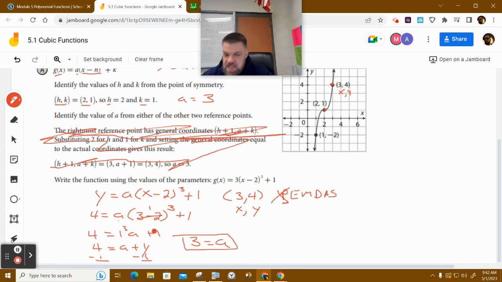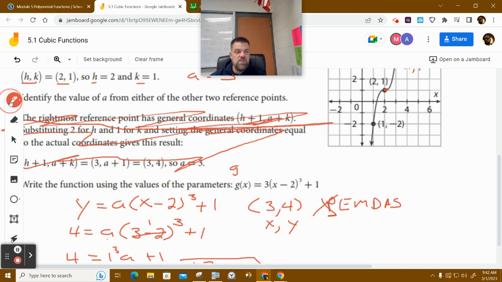So at the end of the day, this equation, and it's written down here, is G. Can I zoom in real quick, guys? Yeah, so this is G of X is equal to A, which is 3, times the quantity X minus H, which is 2, raised to the third power, plus K. And so all I did is I plugged in 1 for K, 2 for H, and now 3 for A. Does that make sense?